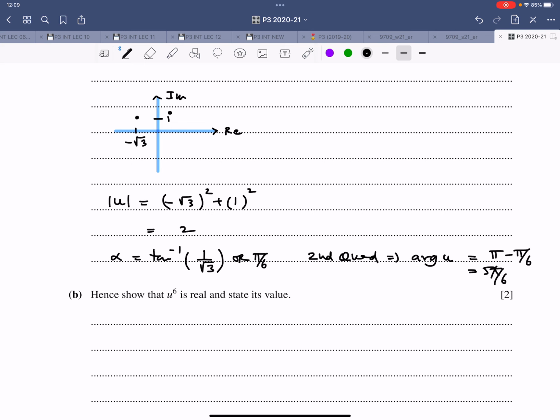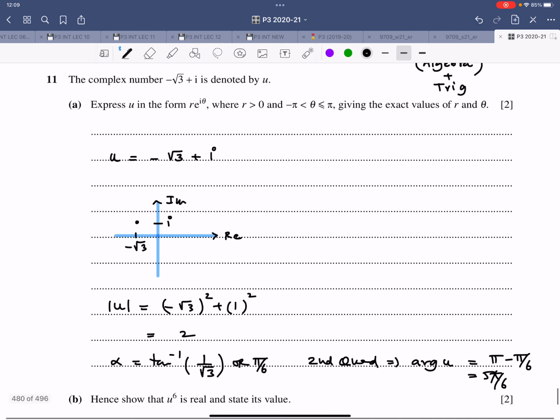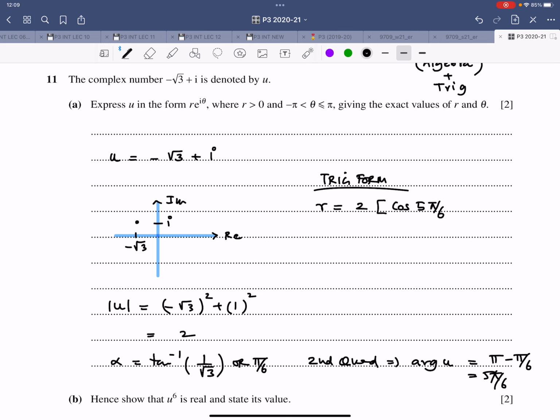Correct? And therefore we have the trigonometric form, which is r equals 2 bracket cosine of 5 pi by 6 plus i sine 5 pi by 6.